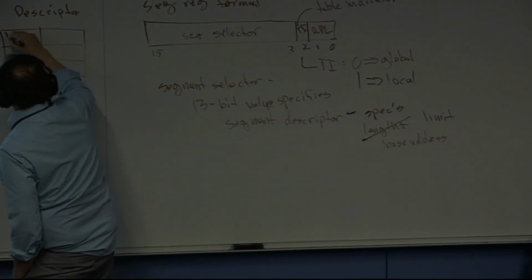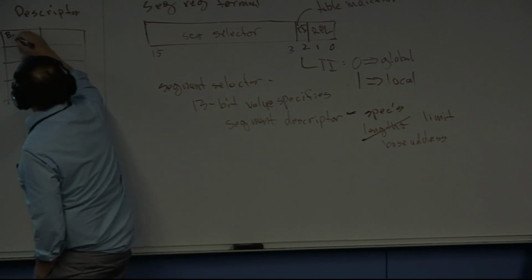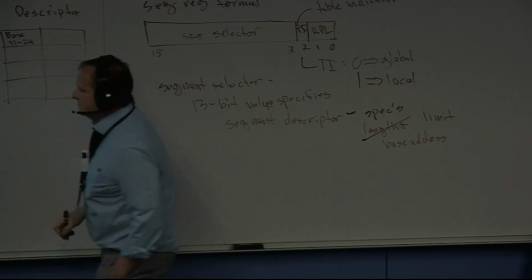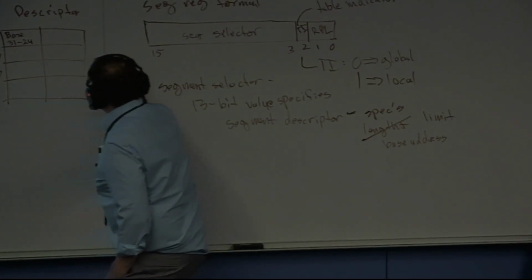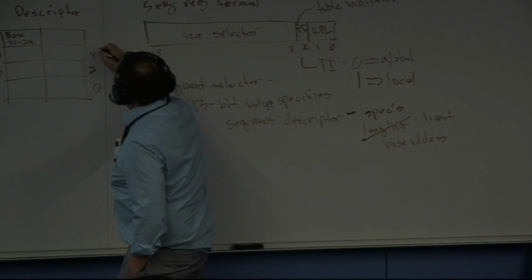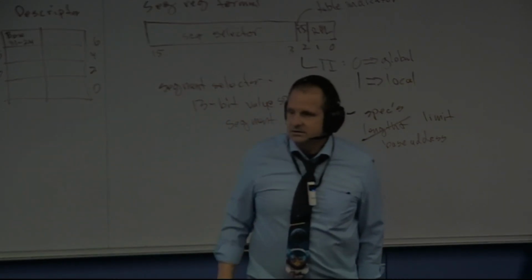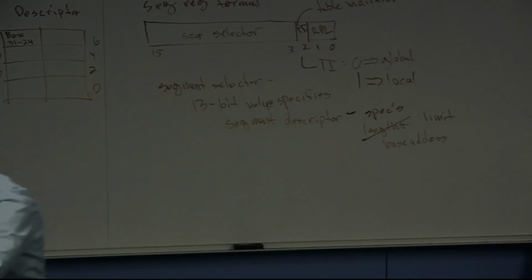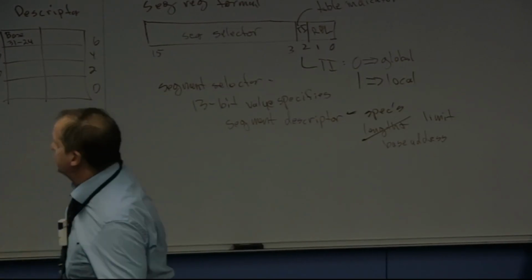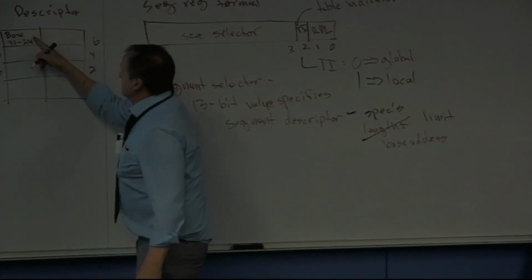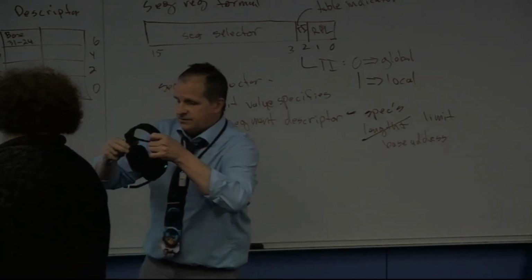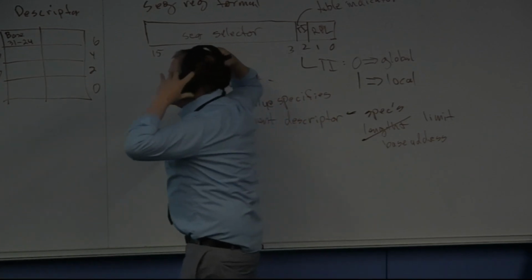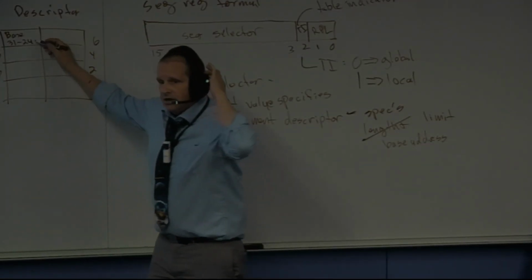The base address is specified by bits 31 through 24, which are in byte 7. That's the base address, most significant byte.